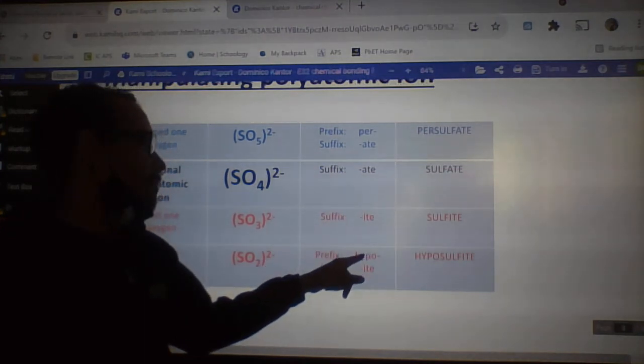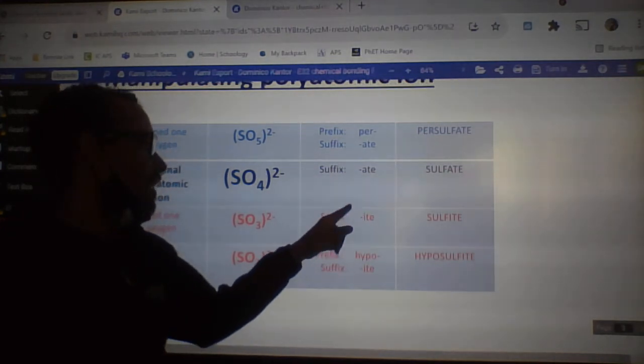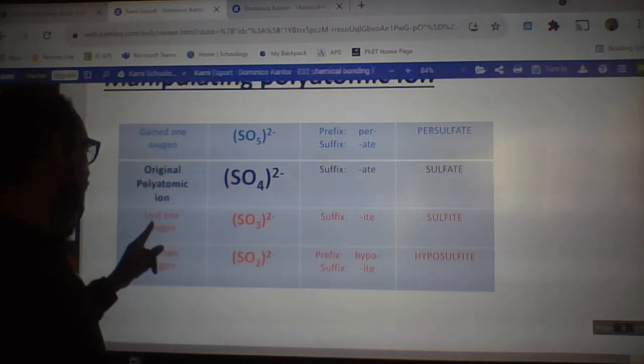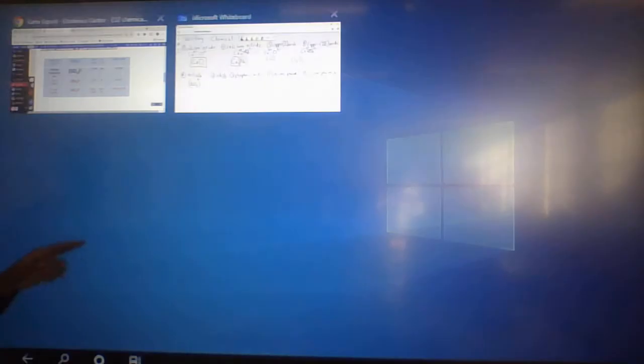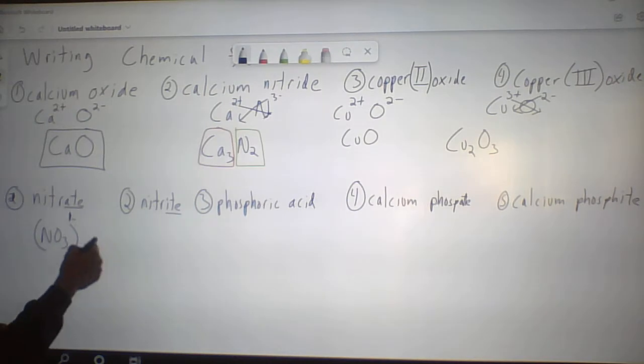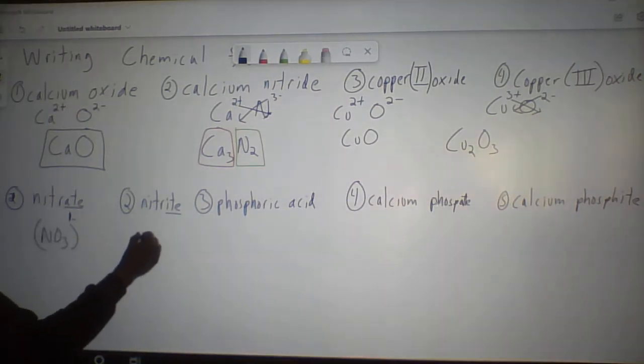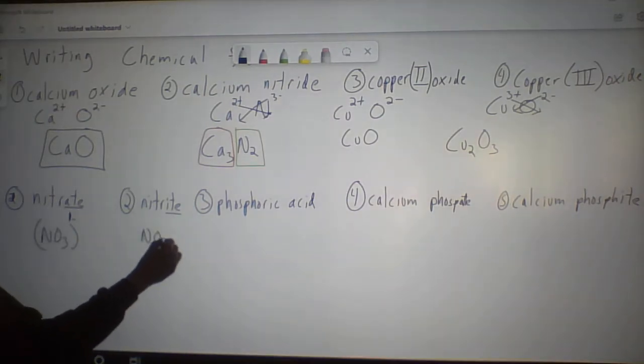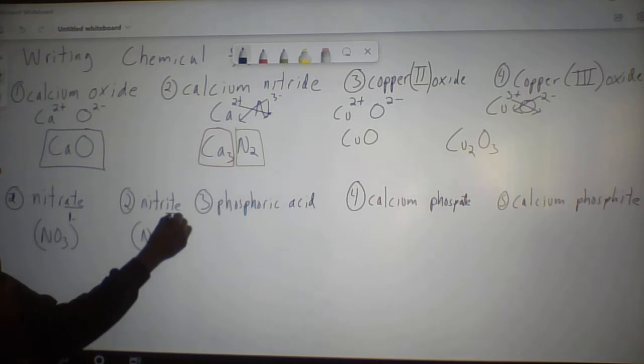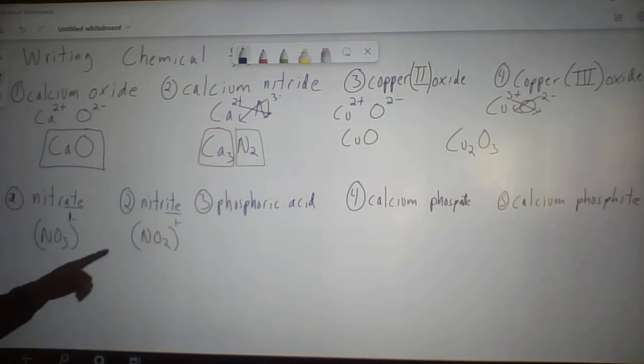This didn't have a hypo prefix. It only had the suffix ITE. So that means he lost 1 oxygen. So now, instead of NO3, this is going to be NO2 because he lost 1 oxygen. Still has the same charge. Nothing changes with the charge. It'll still be the same.